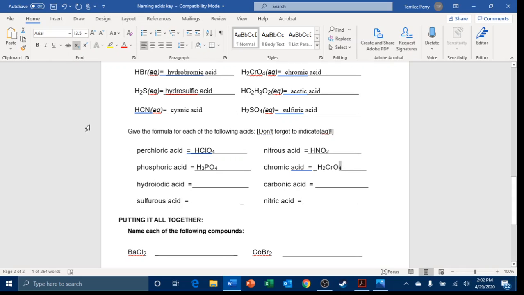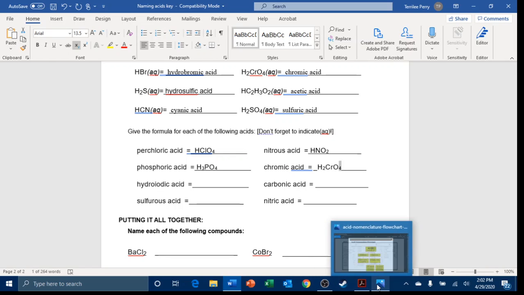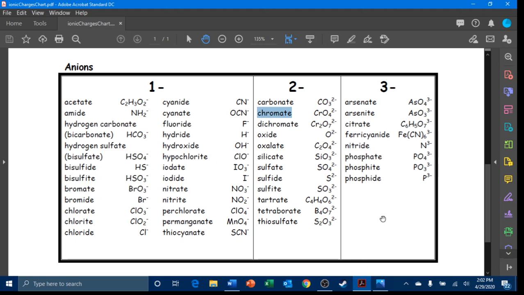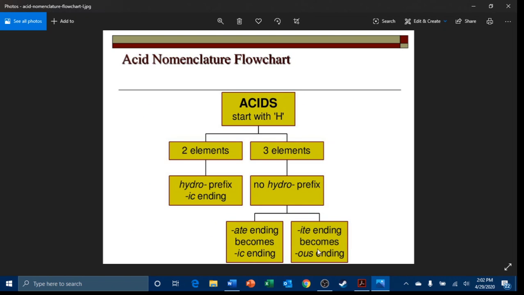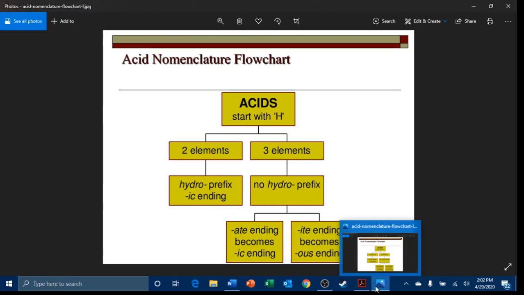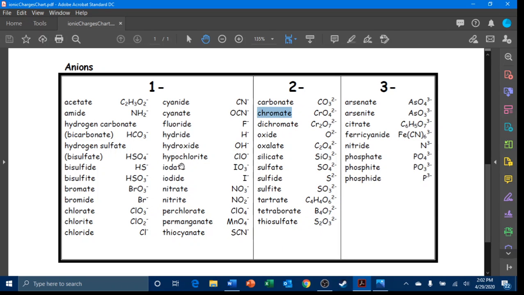All right, let's do the next one. Hydroiodic acid. So let's look at our chart. Iodic. If it's ic, it was ate to start with.